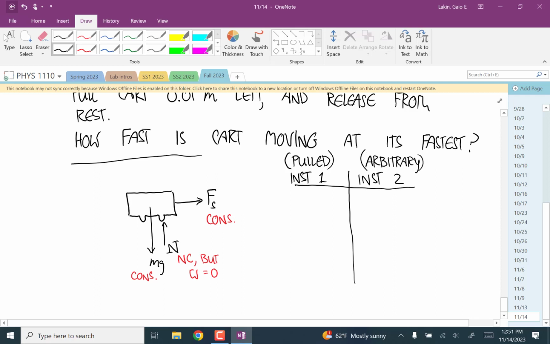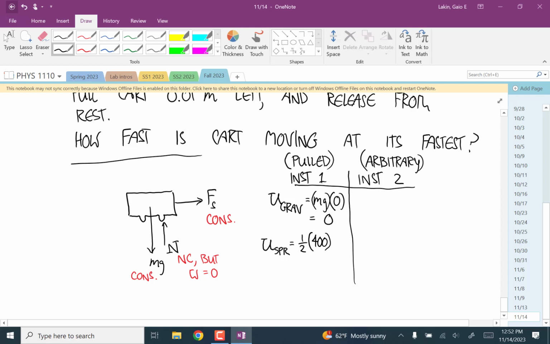Okay, when it's pulled back, the gravitational potential energy is mg. It's at 0 height, so times 0. So there's 0 gravitational potential energy. Then the potential energy due to the spring, that's 1/2 times the stiffness, 400, times x squared.